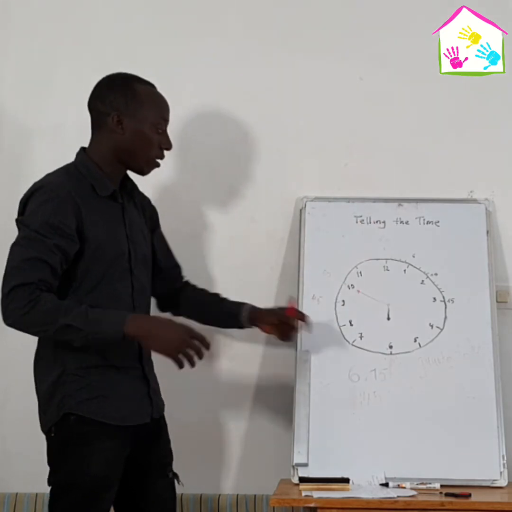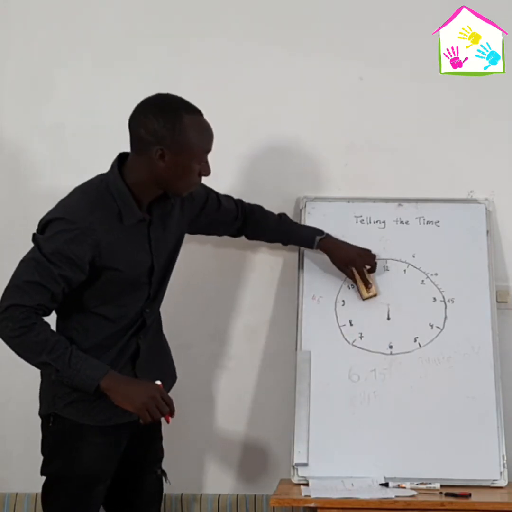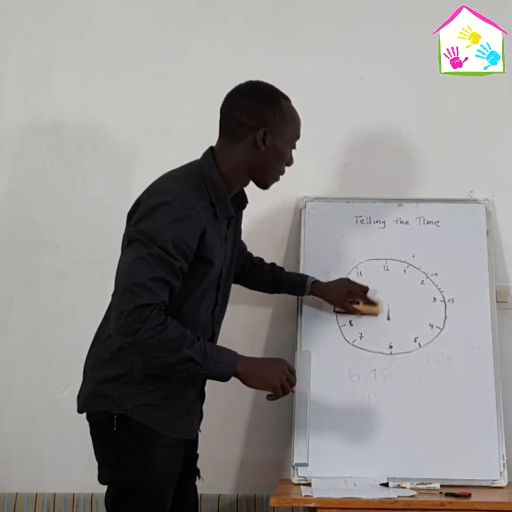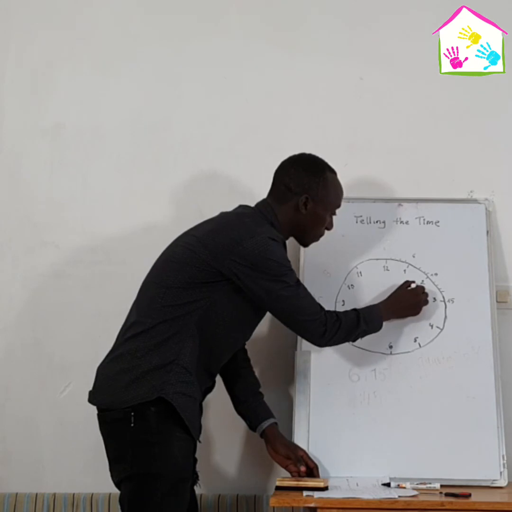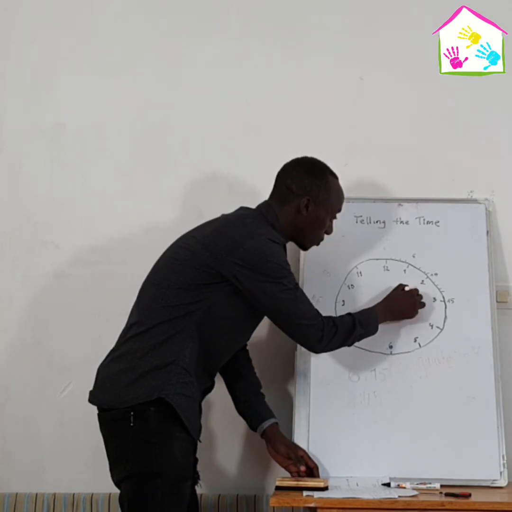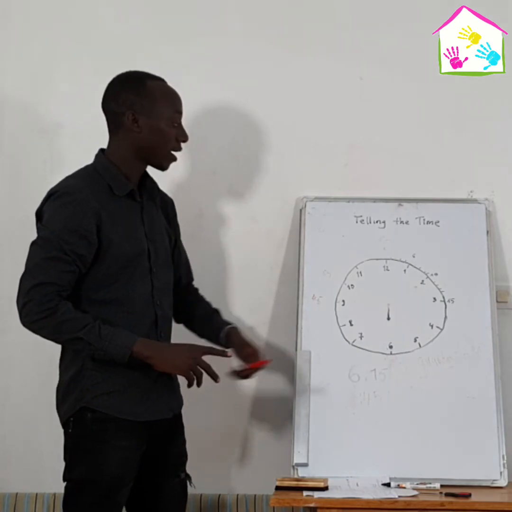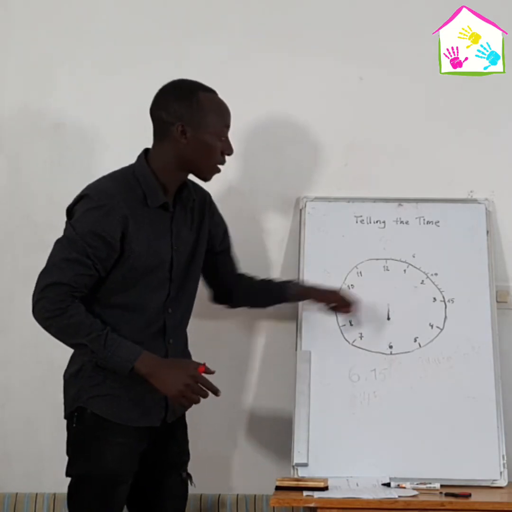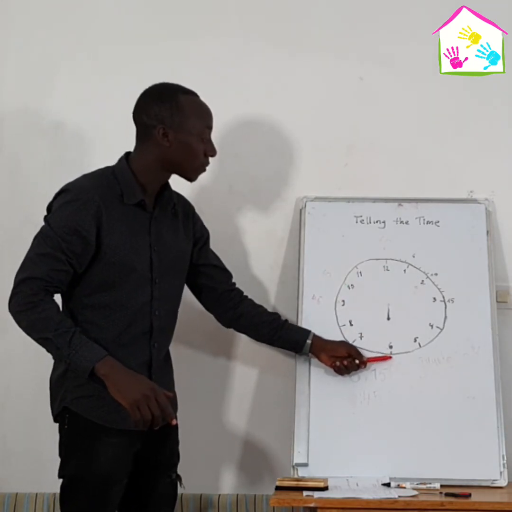So, for example, let's move this long hand to here. When it points to, it makes 10 minutes. So we will say it is 6.